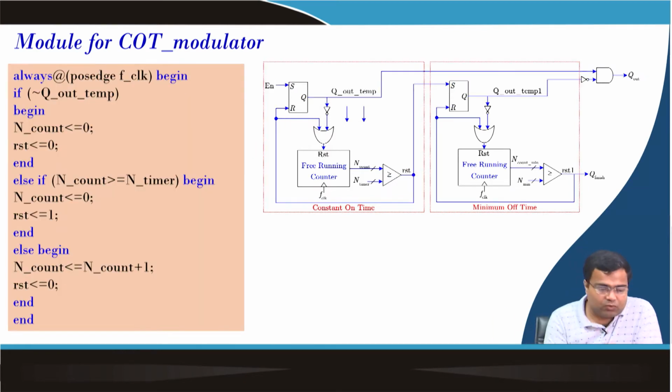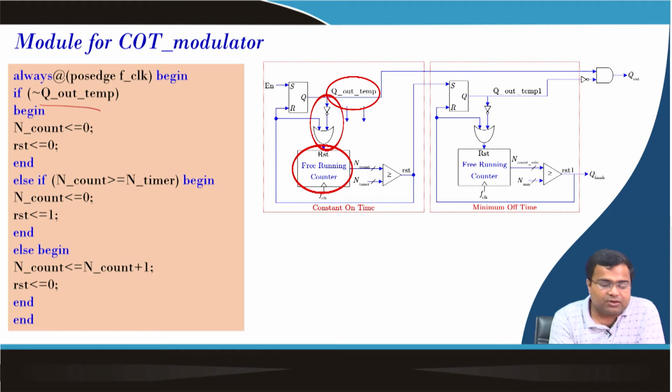Next, we want to implement this counter. This counter will check at every clock edge. First, it will check whether this output is high or low, because we want to implement this logic. So, it will take the Q output NOT gate, you can see the NOT gate.